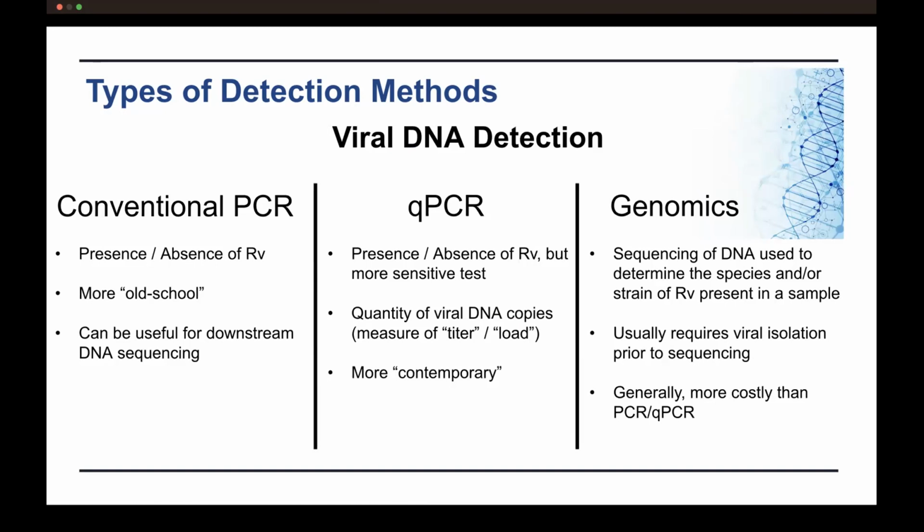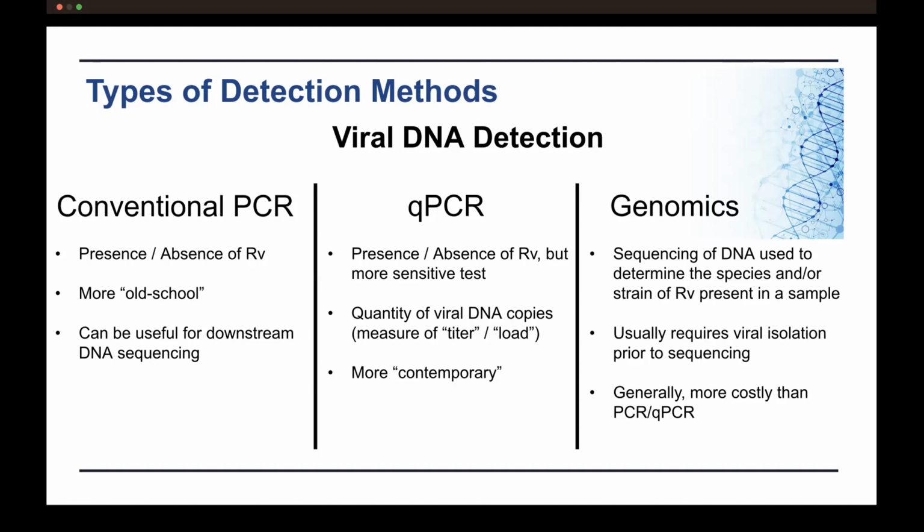So first you have conventional PCR, polymerase chain reaction. This is looking for maybe a 400 to 500 base pair piece of the genome of the virus, and it is used to say the presence or absence of the virus in a sample. I would say it's more quote unquote old school, but we still use it in our lab because it can be useful for downstream DNA sequencing, where you're actually sequencing the DNA.